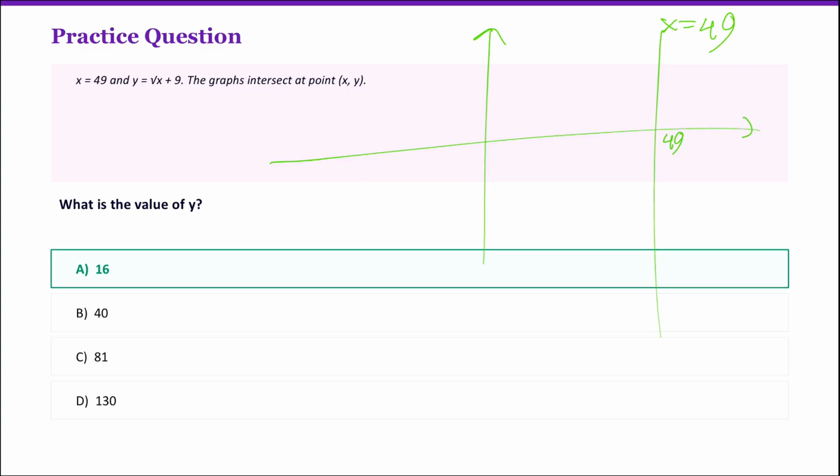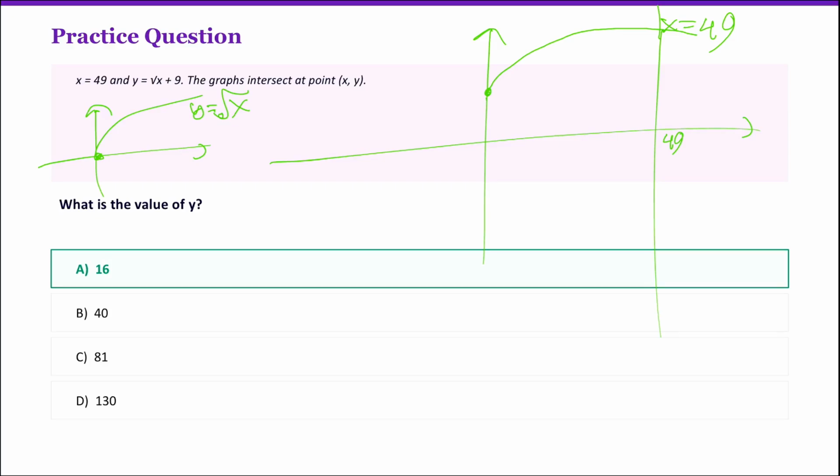The graph of y is equal to square root of x looks something like this. But since we have a plus 9, we know using the rules of function transformation that instead of starting at the origin, it's going to start at 9. We're shifting it up. So this function looks something like this. So that's what it looks like visually.